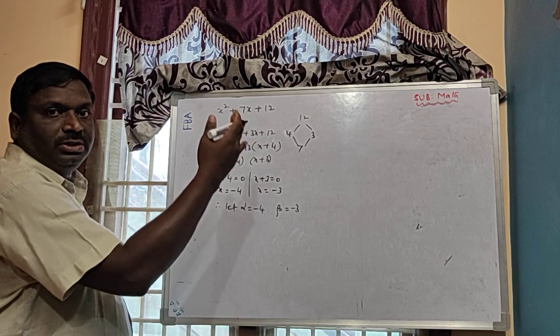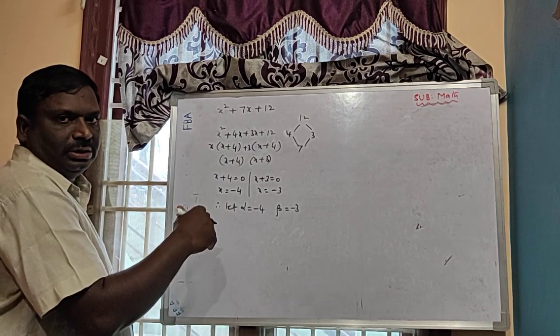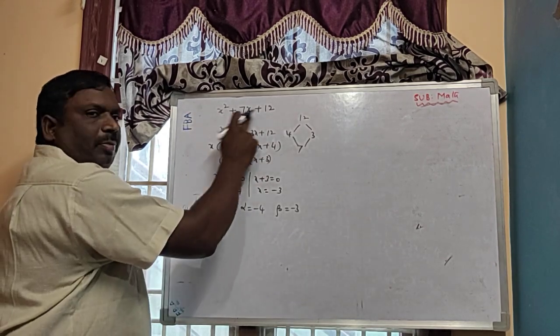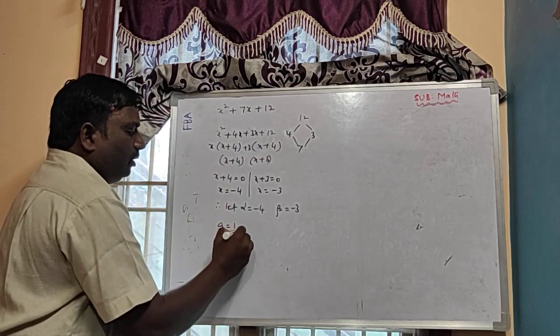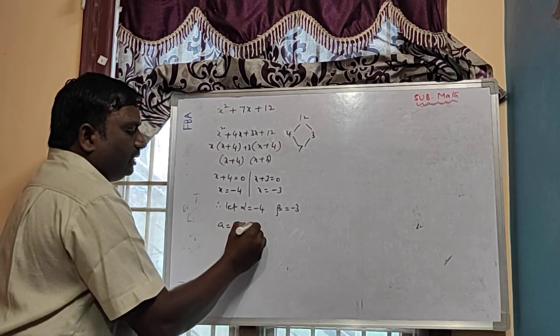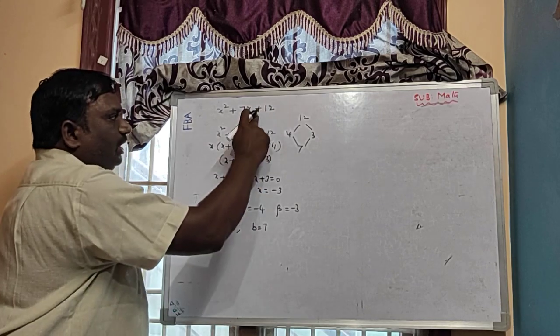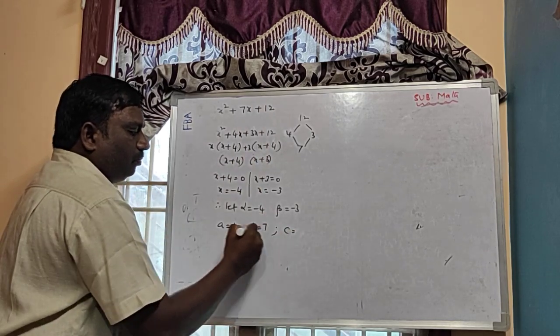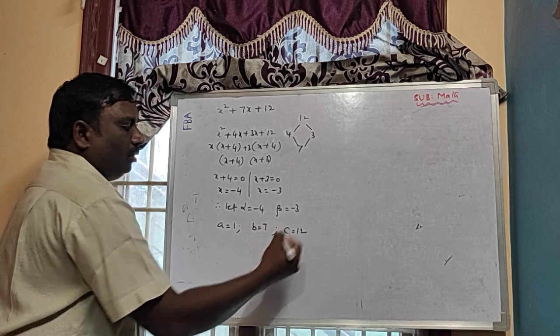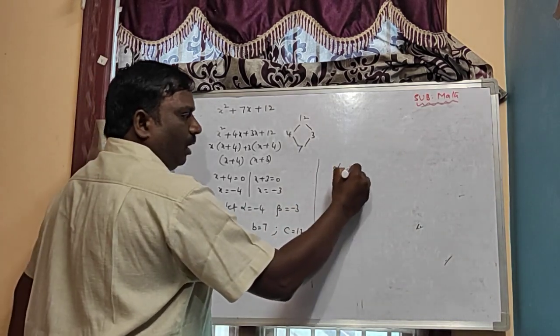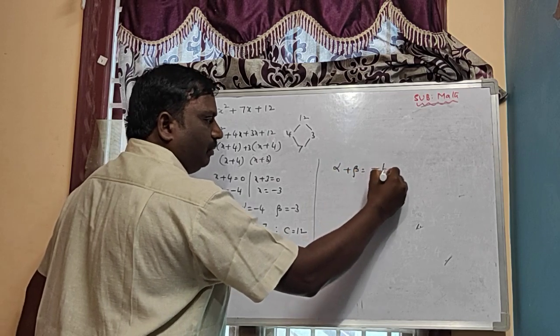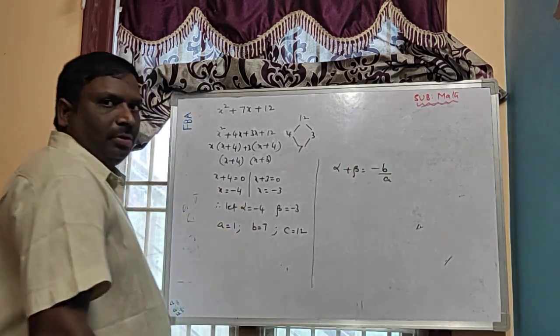Already I explained the relationship between zeros and coefficients. The coefficients of the given polynomial: a equal to x square coefficient 1, b equal to x coefficient 7, and c equal to constant term 12. We already know alpha plus beta is minus b by a.